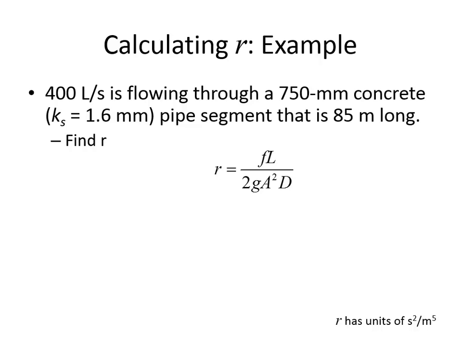And so we can put that into the full Jain equation, 1.325, the logarithm of 1.6 millimeters divided by 3.7 times 750 millimeters plus 5.74 divided by the Reynolds number, 679,061, to the 0.9 power, all squared. That gives 0.0242.